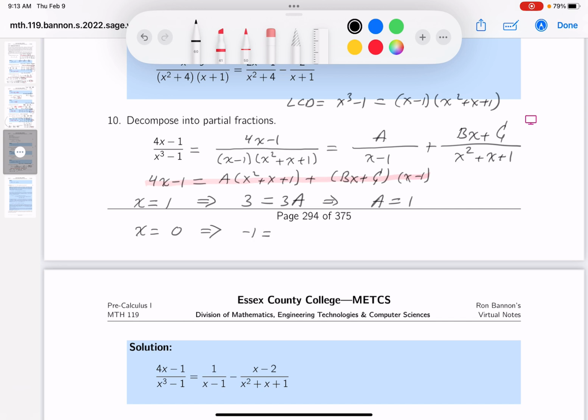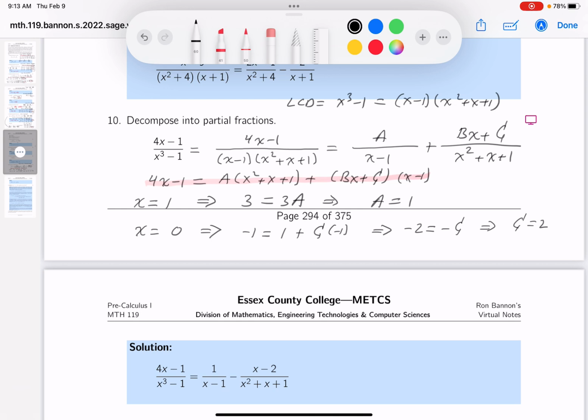Now, A is 1, and if I evaluate that x squared plus x plus 1 at 0, I get 1, so it's going to be 1. Then I'm going to get plus, well, if x is 0, the B disappears. I get C, and 0 minus 1 is minus 1. So let's be careful. I'm going to subtract 1 from both sides. Minus 2 equals minus C. And I'm going to look at that and say C is going to be 2 now.